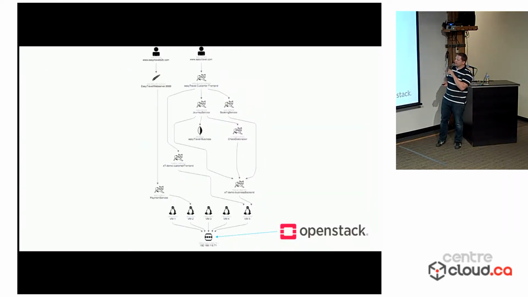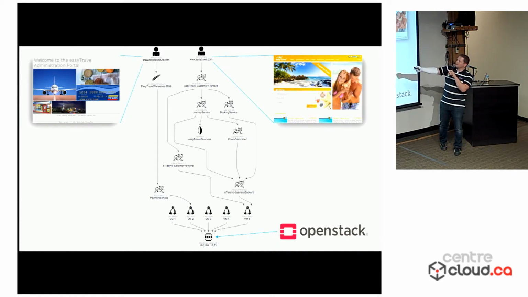So this is an example where I just want to highlight the point that I was just making. And this is a true story, this really happened. This is a visual representation of an application. It's a travel agency site, right? It has two user front ends on the top. It's a business-to-business portal and one end-user portal where you can book journeys and check the weather and stuff like that.